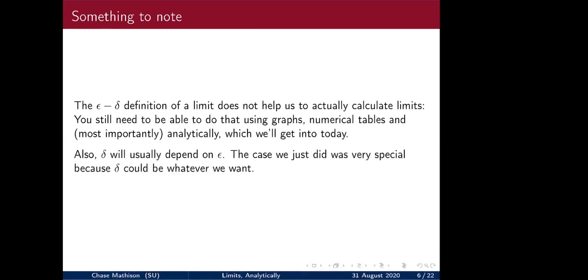Okay. So one last thing, delta in this case could have been anything. Usually delta is going to depend on what epsilon is, which intuitively makes sense. If I have to make f of x really, really close to some number L, well, how close I pick x to be should depend on how small that band is above. So delta is usually going to depend on what epsilon is. This was a very special case where it didn't depend on epsilon.